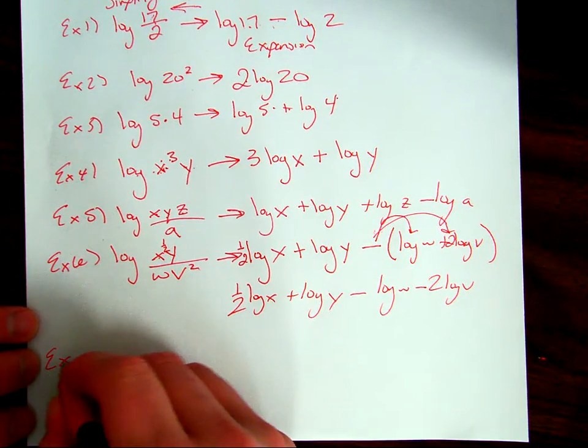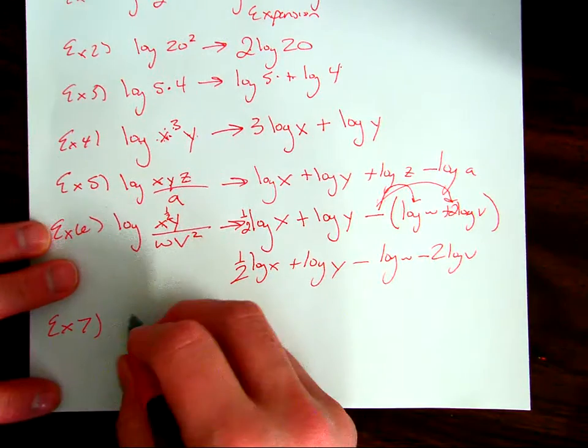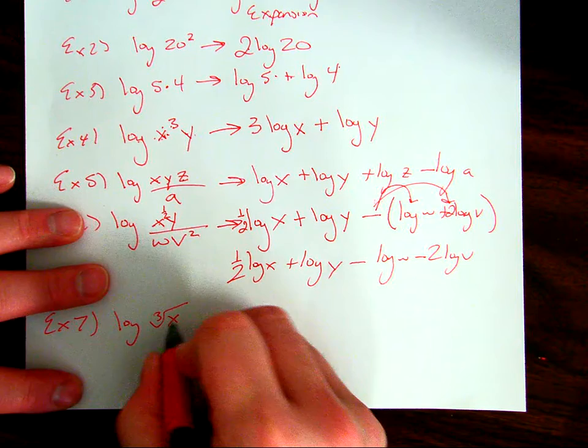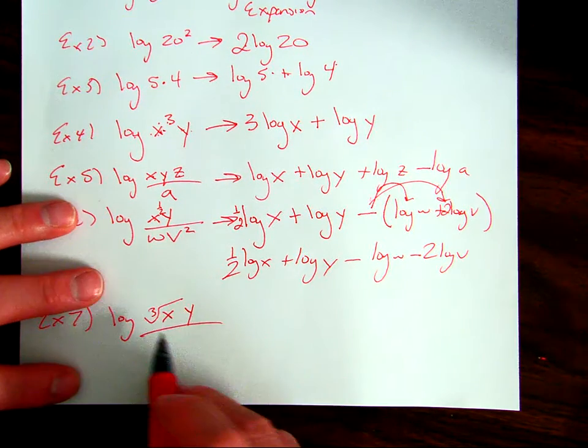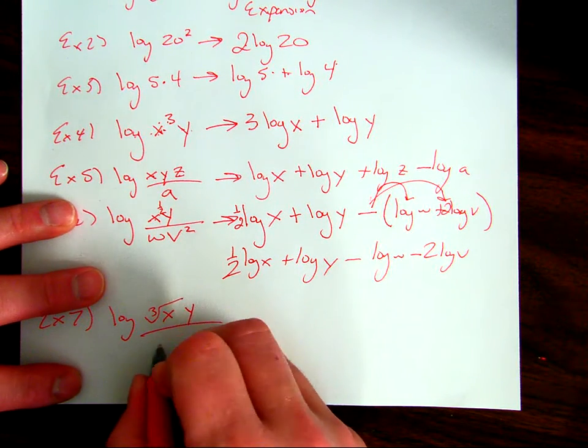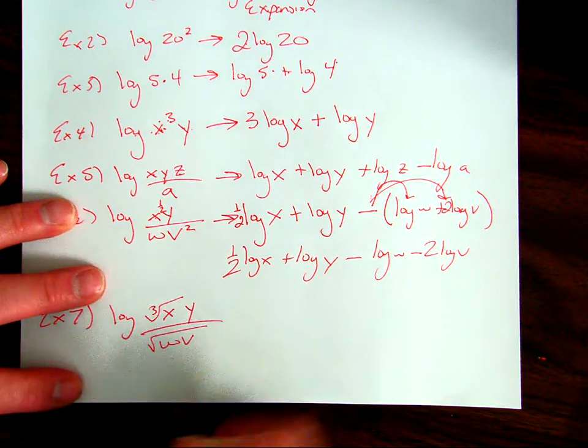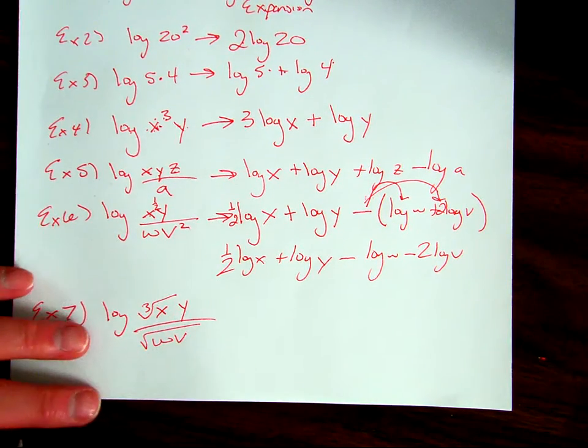Alright, one more example. I'll make this one a little more difficult. Because of the pure fact that you are going to have to remember what cubes and square roots become.